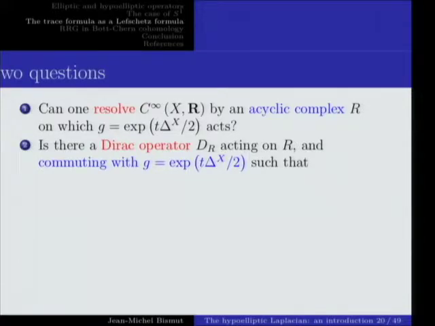Because what we're going to ask is: is there a Dirac-like operator D_R acting now on the complex, not on the space of smooth functions, so that we would have something like an index-like formula?